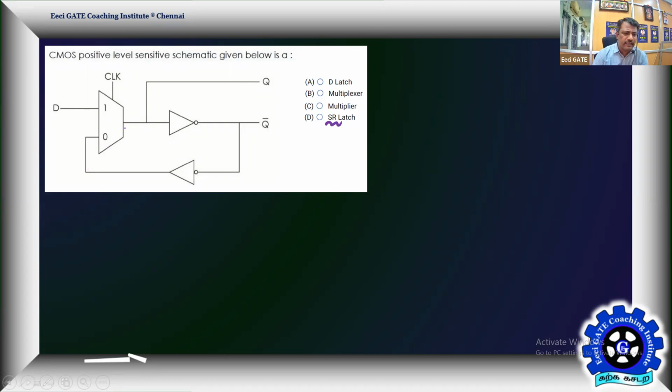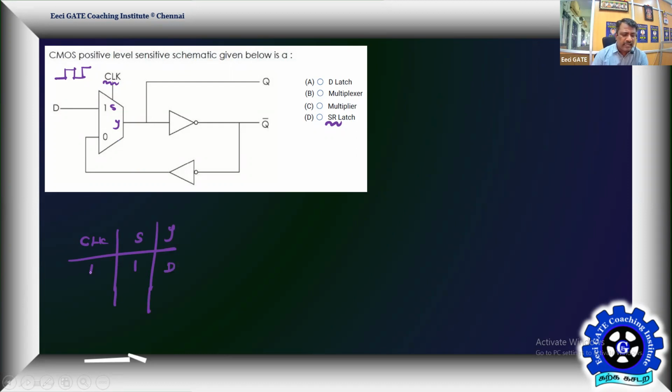Let's see how it is functioning. The clock given to the selection line is not an edge-triggered mechanism. It is level sensitive. Whenever the clock is 1, the selection is 1, which means output Y is connected to the D data.